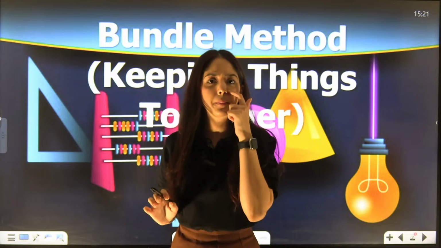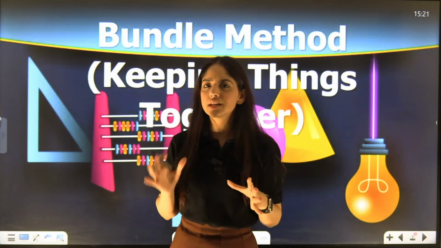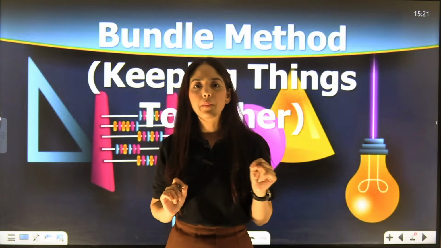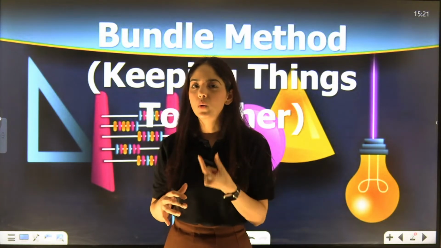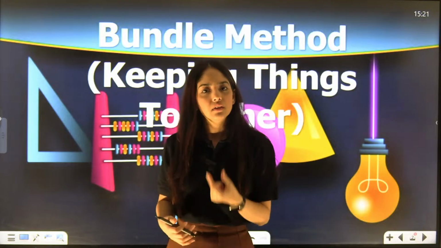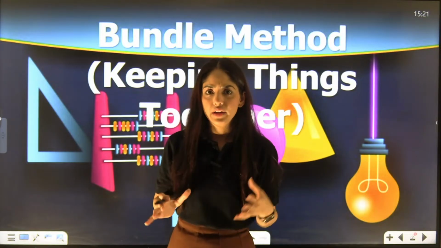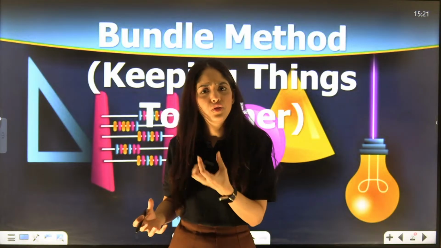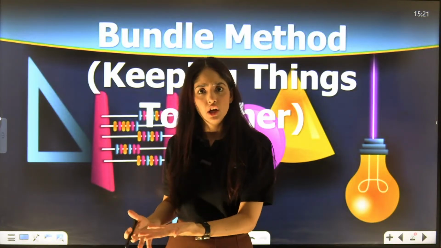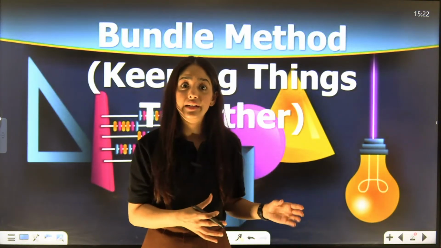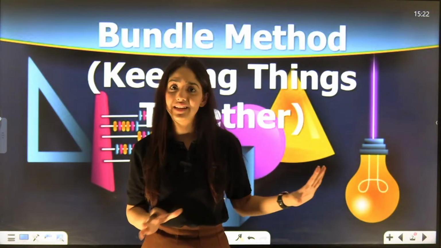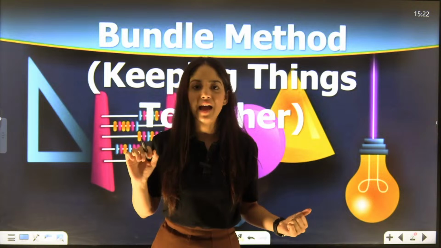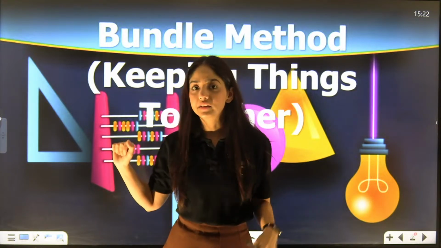If you remember from our previous class, we considered a case where one particular boy and one particular girl could never be together. There always had to be, in a way, a gap between them. So in case we have to arrange students where we keep certain students together, or maintain a gap between certain students so they can never stand next to each other, such cases can be handled using the bundle method or gap method.